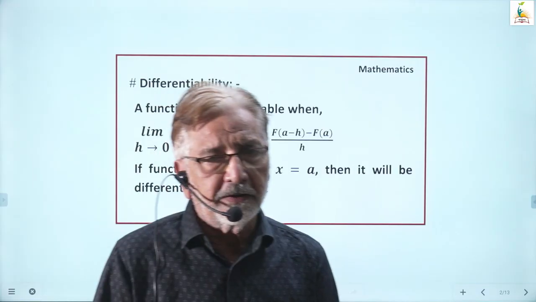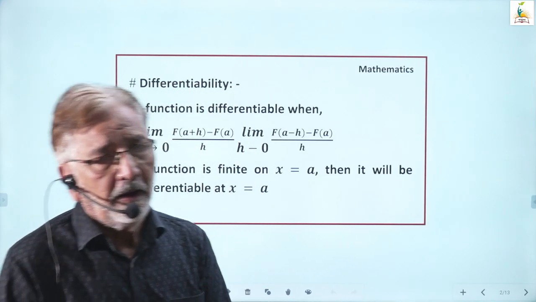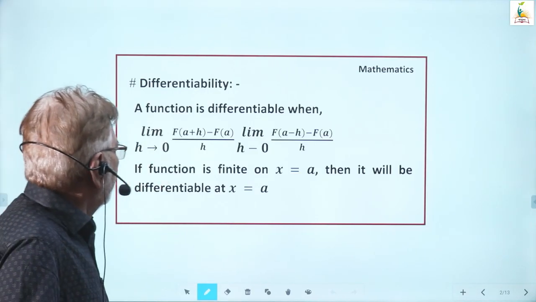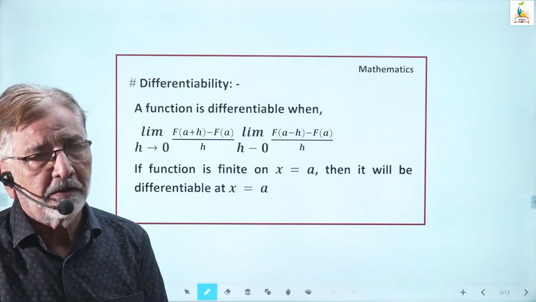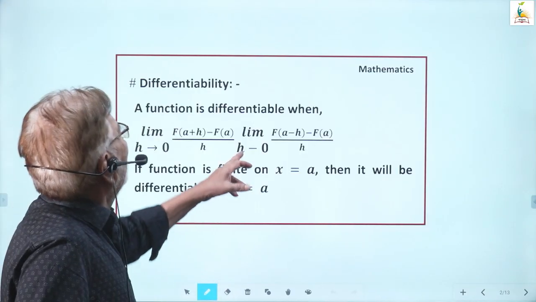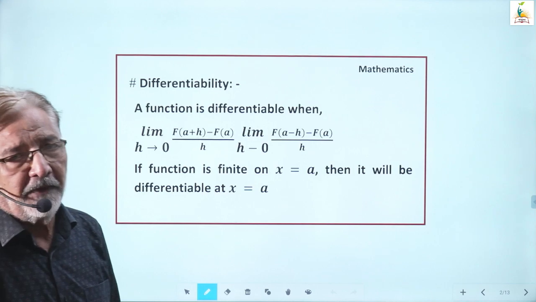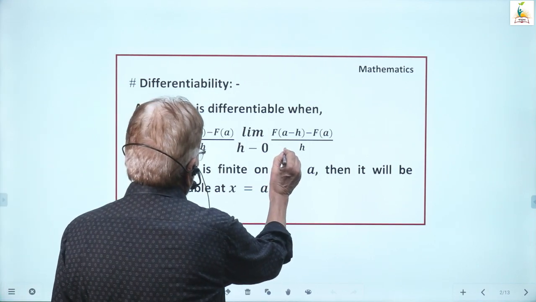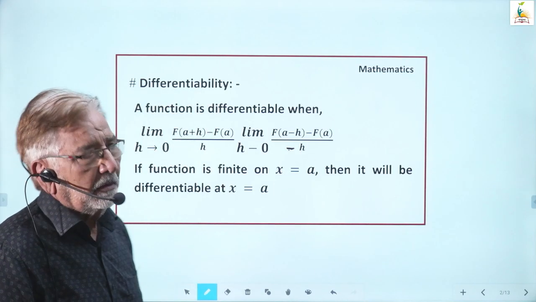So what it says: a function f(x) is differentiable at x equal to a if the limit as h tends to 0 of (f(a+h) - f(a))/h, this is called right differentiation, is equal to the limit as h tends to 0 of (f(a-h) - f(a))/(-h). Then the function is called differentiable at x equal to a.